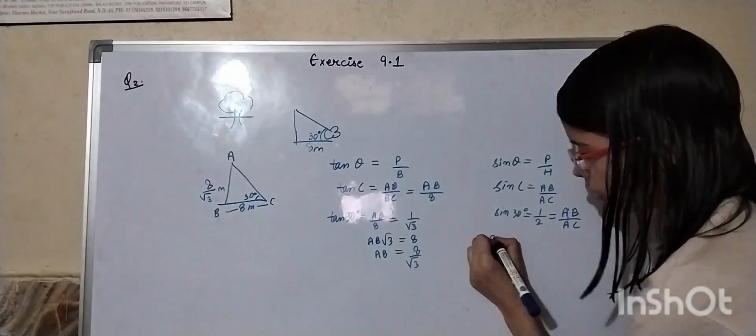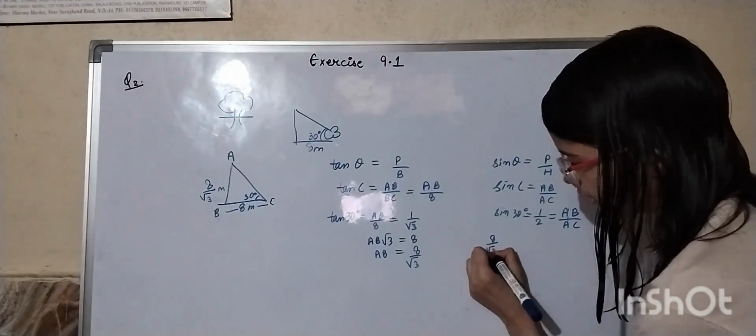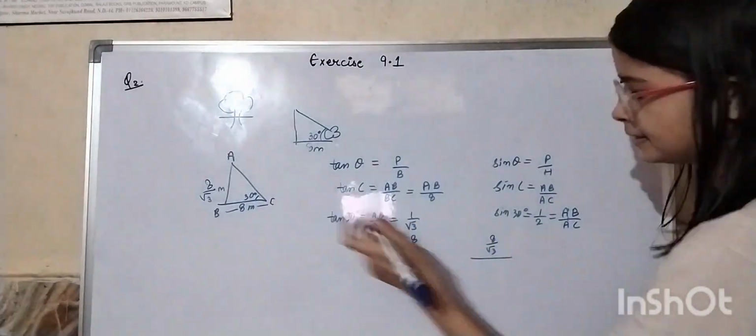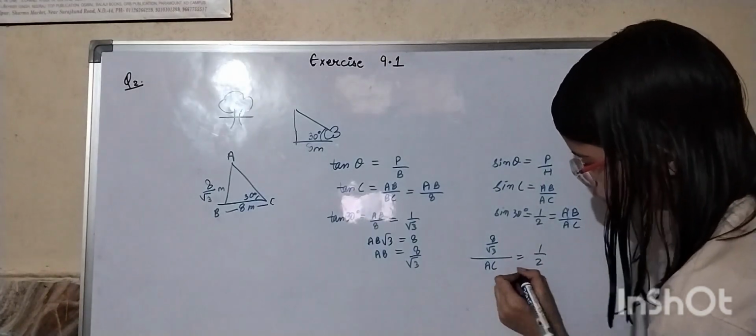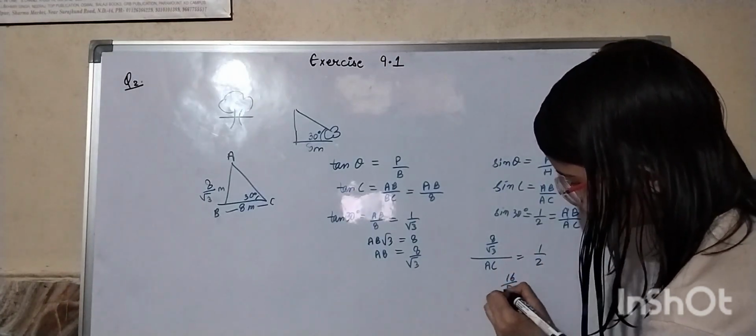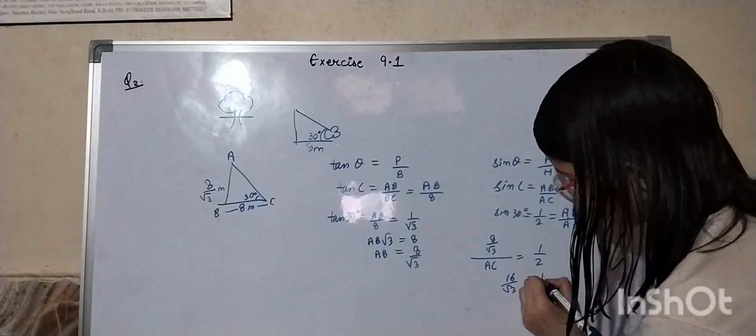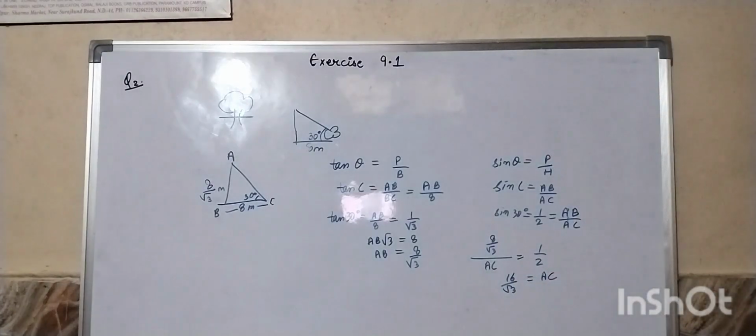So value of AB is 8 upon root 3 divided by AC, which we don't know, is equals to 1 by 2. 16 upon root 3 is equals to height of AC.